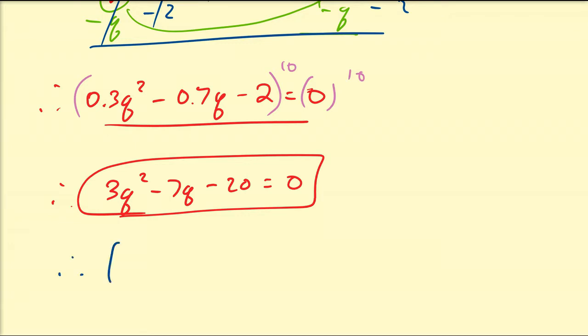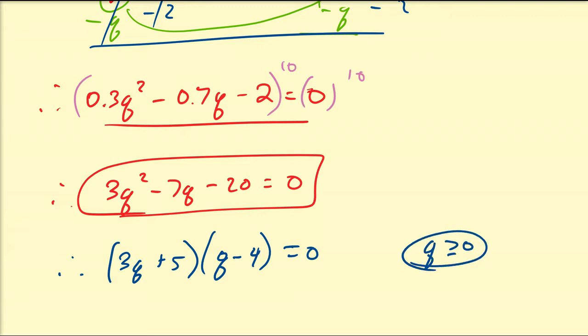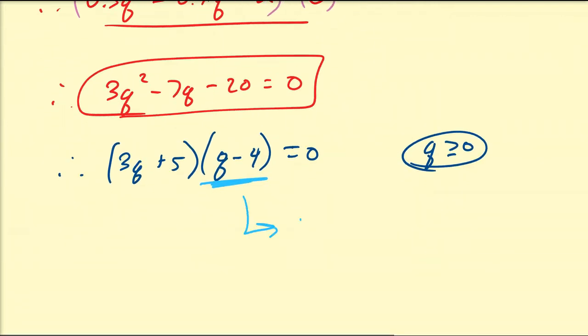So we can rewrite this as 3Q plus 5 times Q minus 4 is equal to 0. We know that you can't have negative quantities in a traditional system, so by this restriction we only have one zero that we're interested in, namely that one. So we have Q is equal to 4.